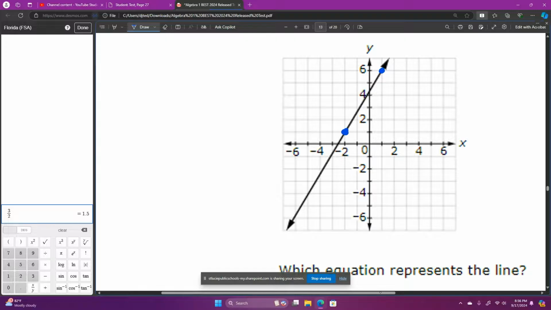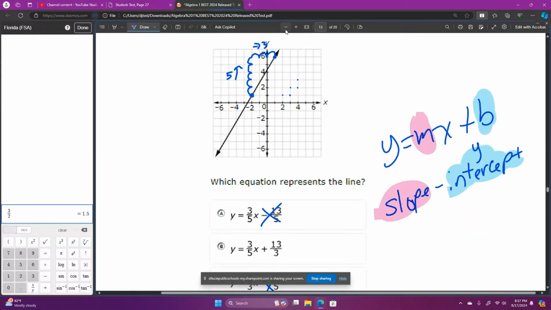And between my two dots that are in the corners, right, these are the corners, we're going up 1, 2, 3, 4, 5. We went up 5, and we went to the right 1, 2, 3 over 3. And your slope is your rise over run.